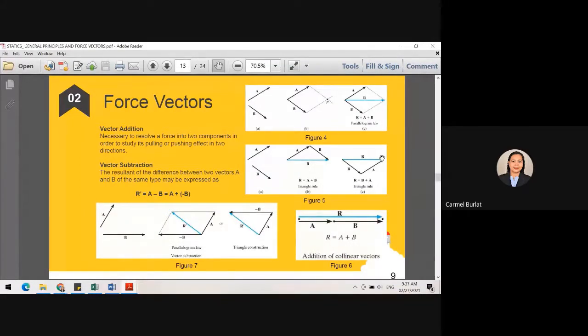You need a ruler, or before we used graphing paper, to accurately draw the vectors, and you will get the same resultant. Whichever method you use, it's the same. The resultant R is the same whether you use the parallelogram law or the triangle rule.